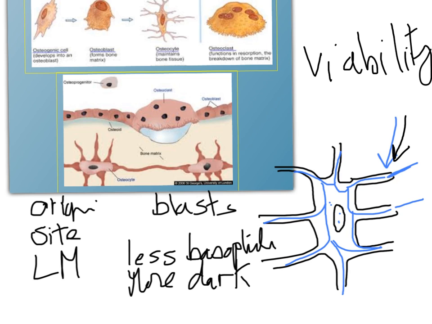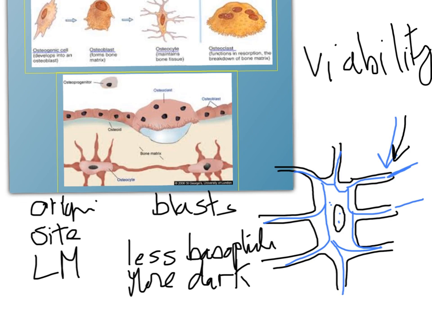It is responsible for maintenance of the bone structure or bone matrix by formation of organic and inorganic material, and by that they can make the bone viable and healthy. Don't forget also that they cannot divide.